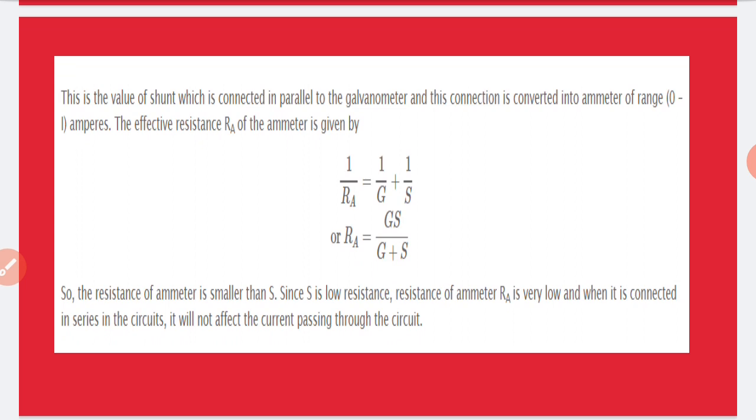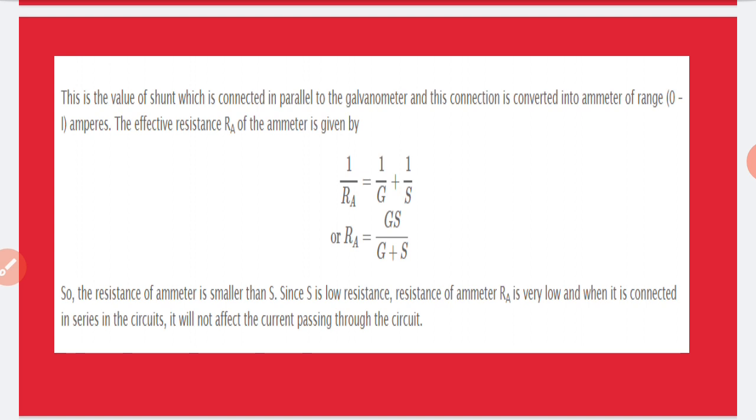The effective resistance RA of the ammeter is given by 1 by RA equals 1 by G plus 1 by S. Here we applied the parallel combination formula, RA equals GS by (G plus S).